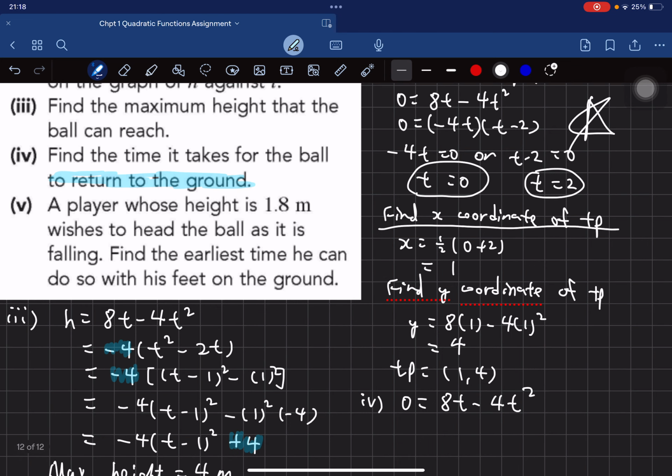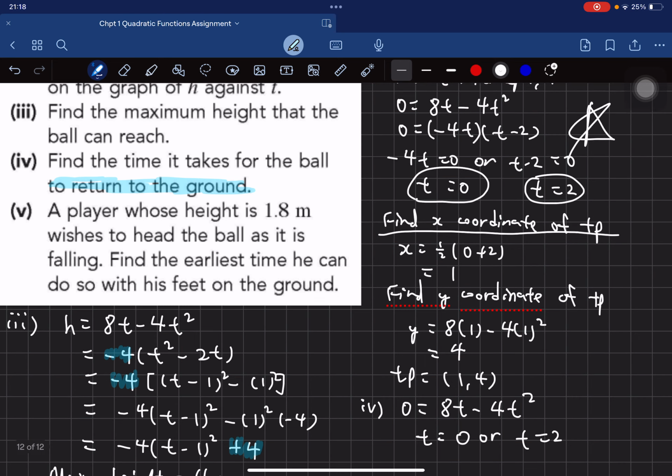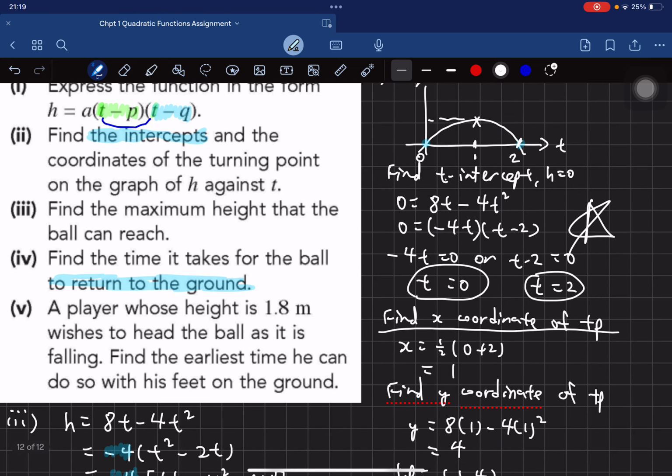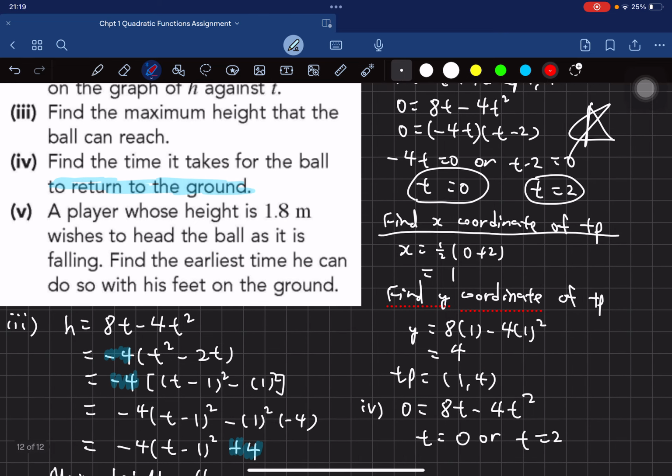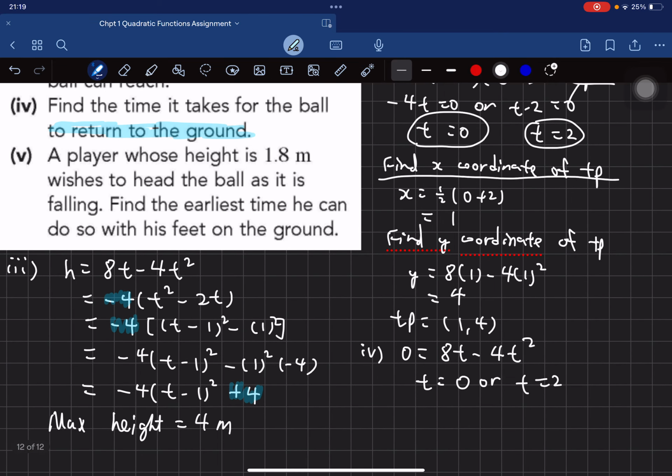So we can straight away say t equals 0 or t equals 2. But they say find the time it takes for the ball to return to ground again. If you return to the diagram, the ball is at the ground at 2 points: t equals 0, and you go up, then at t equals 2, you go back to the ground again. So for part 4, the answer is just t equals 2. The t equals 0 is not accepted.